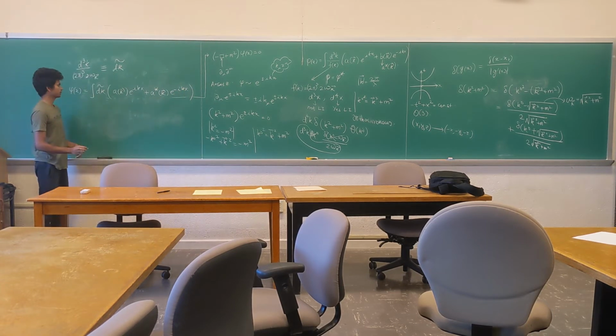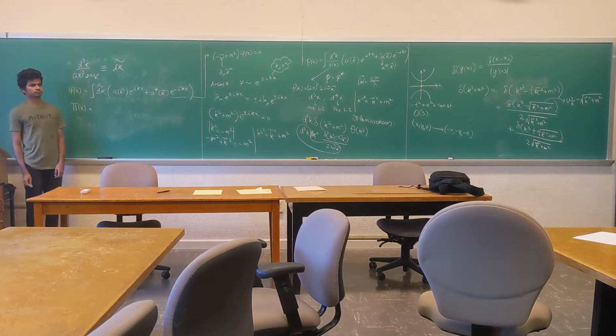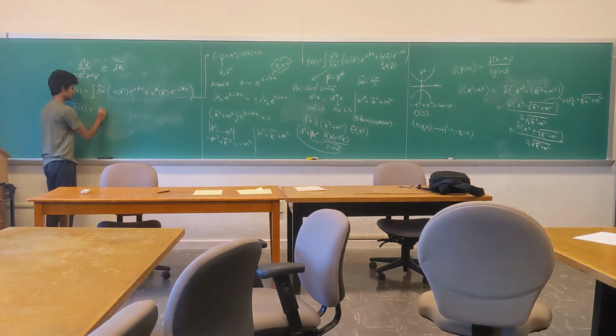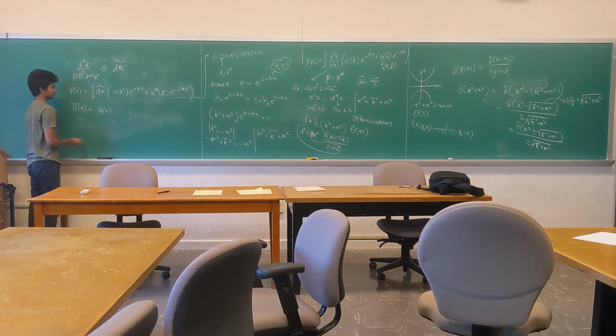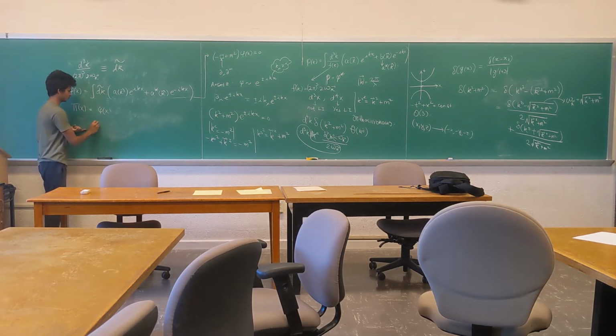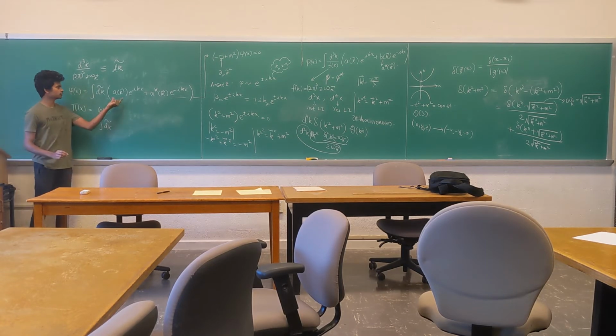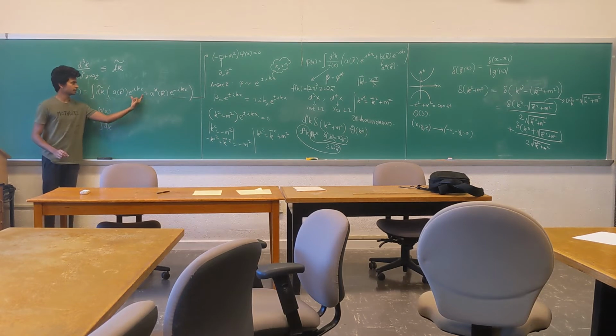What was the canonical momentum? It's phi dot. It can be easily found from this, right? What is phi dot? These guys don't have time dependence. Time dependence only sits on the exponentials.